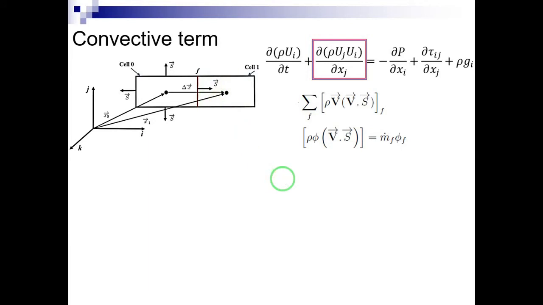The challenge in this equation, in fact, is how we are supposed to calculate the value of phi on this face. Because in finite volume, the values of the variables are stored in the cell centroids. Okay, so this is the point. How are we supposed to calculate the value of phi on this face?